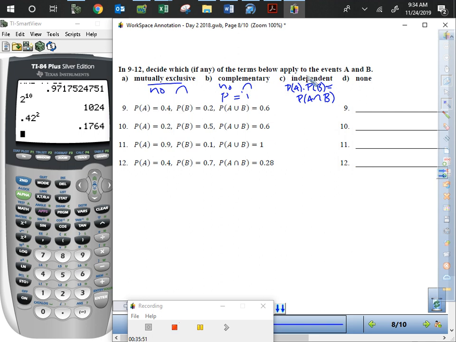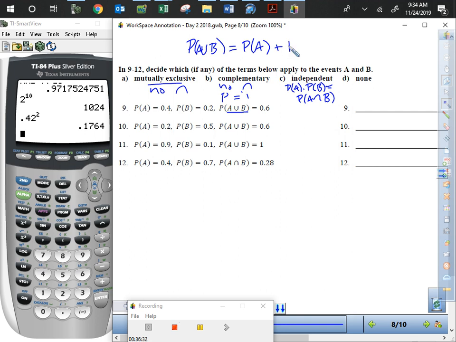So let's look at the first one. Let's first decide on this one about the intersection or not. Mutually exclusive can't have an intersection, so we want to take care of those first. They're easiest to see. Well, on this first one, they don't give you what the intersection is. They give you the union instead, and that's where we're going to use our formula for union on the front side of your note card. It says that the union of A and B is equal to the sum of the two separate ones.